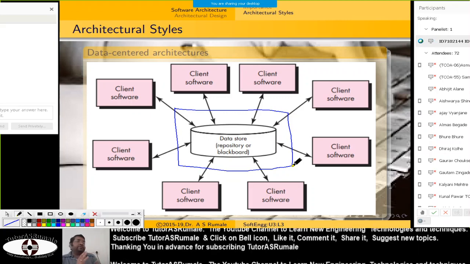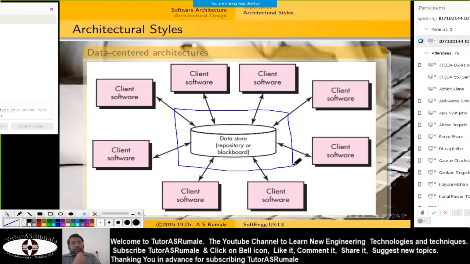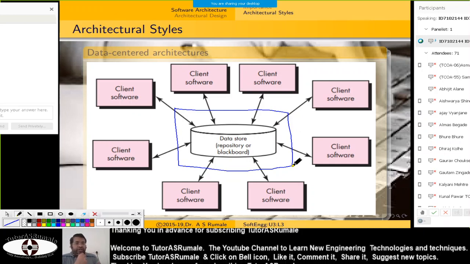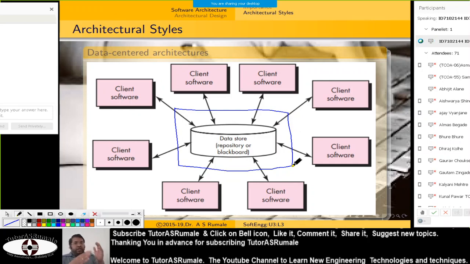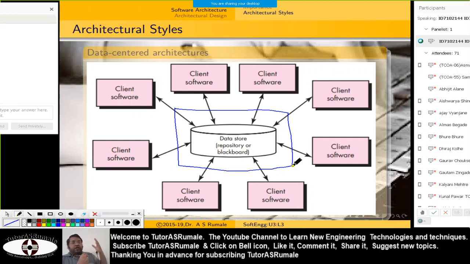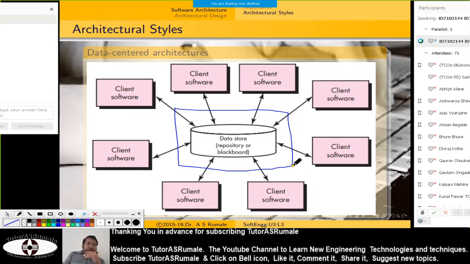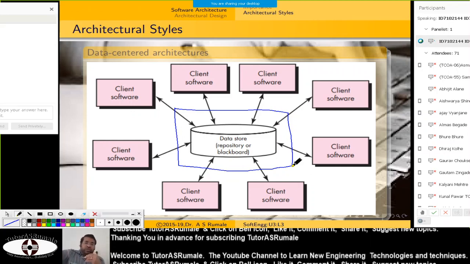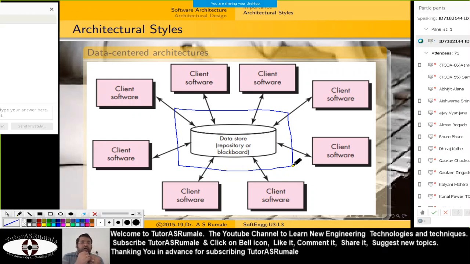Whatever website you are developing, whatever web application, whatever software you are developing right now is actually creating and processing large data. Even if you create a Word-like software, it creates a voluminous amount of word files, and you have to store that data somewhere. So this is the first architecture style, data centric architectures.